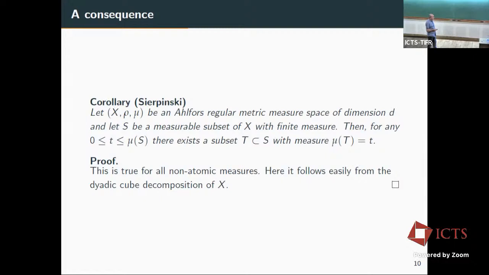Okay, and this is true for all non-atomic measures in general, and it has a proof due to Sierpinski, and you might need results from functional analysis, or you might even need the axiom of choice. But here, in this context, you can prove it just using the dyadic decomposition. You can imagine how you can do it. There's nothing fancy about this.